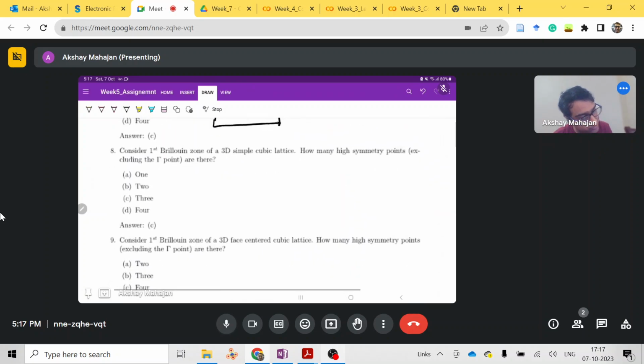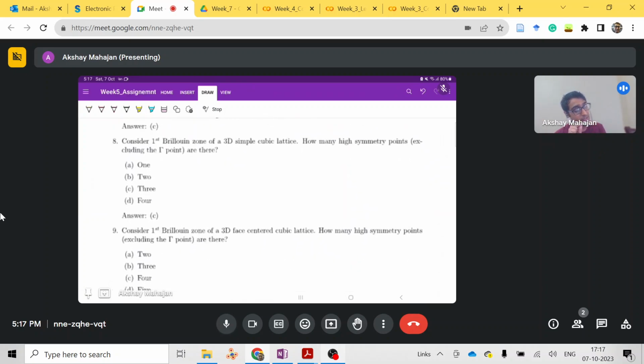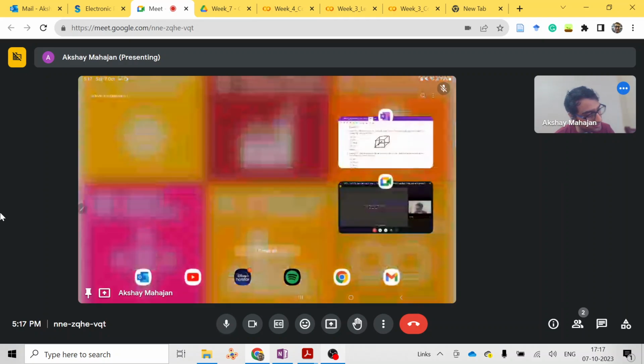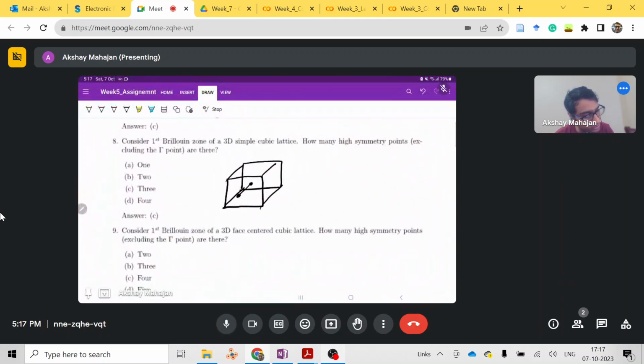Alright. Now consider again the first Brillouin zone of a 3D simple cubic lattice. How many high symmetry points are there? Again for the 3D simple cubic lattice, you can check it yourself. If I have a gamma point, then again I will have something similar. I will have some X point there. I don't need to go to other points.